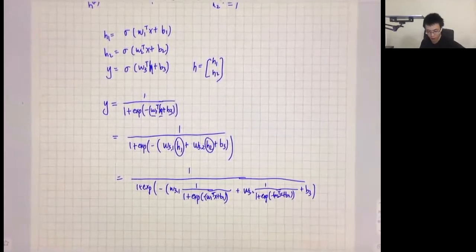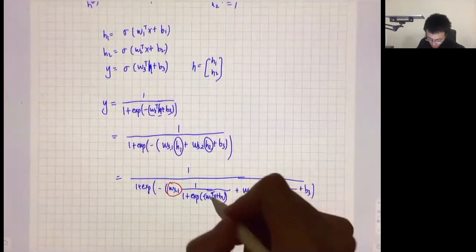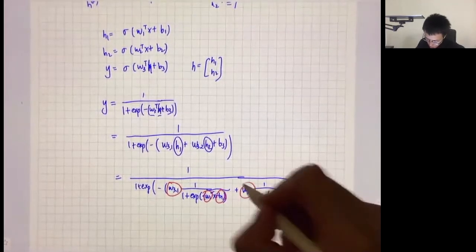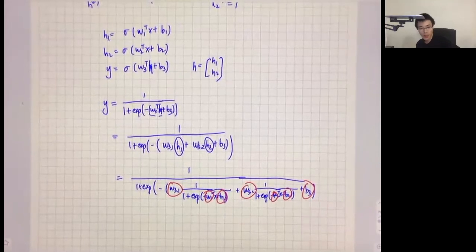Okay, then the function is differentiable, then definitely you can compute the partial derivative with all these weights, right? Then you can do the gradient update.